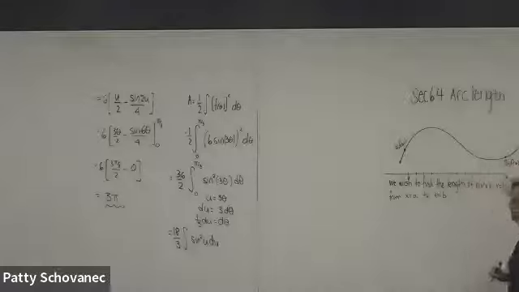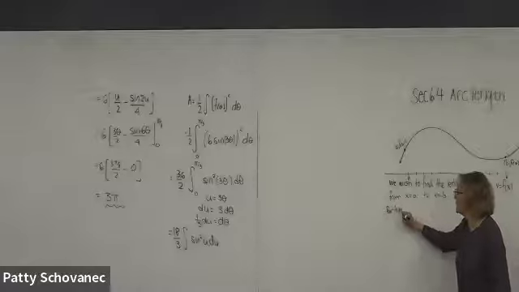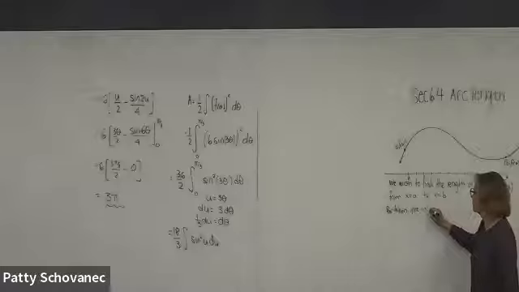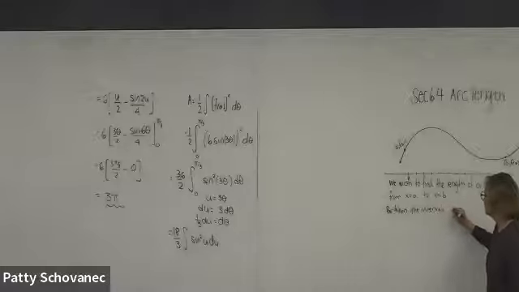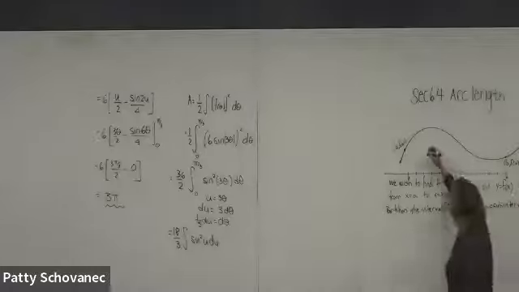Each of those subintervals are delta x units long. So we partition the interval from A to B into tiny subintervals. Go and find those points on the curve.